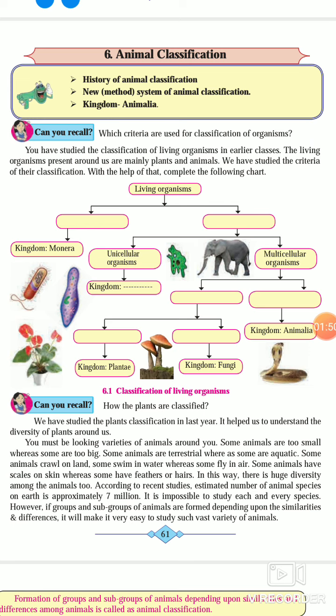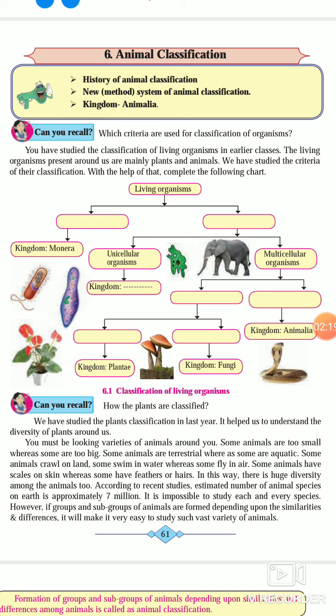As we have studied the classification of living organisms in earlier classes also, here we are going to learn that the living organisms present around us are mainly plants and animals. And we have studied the criteria of classification also last year. So let's classify the living organisms into various groups as this table is given here.